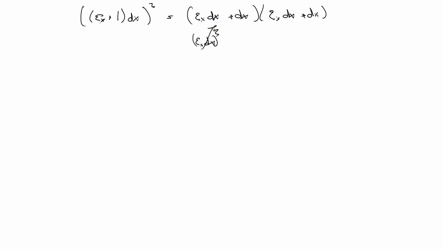I don't care about that. That's going to go away. But then I'm going to have 2 epsilon x dx. And the dx squared I don't care about.